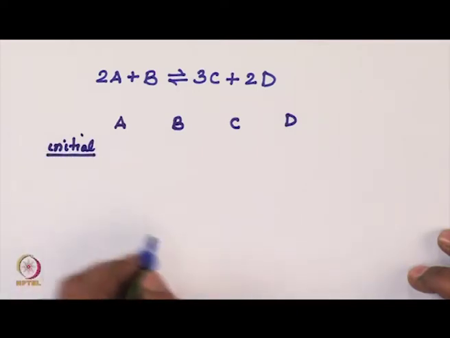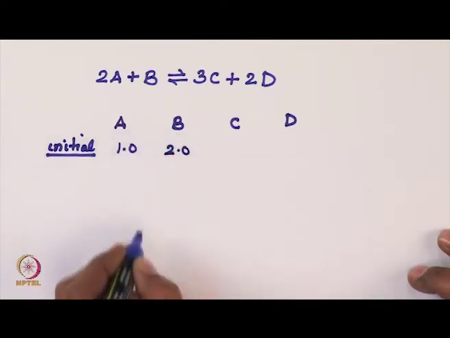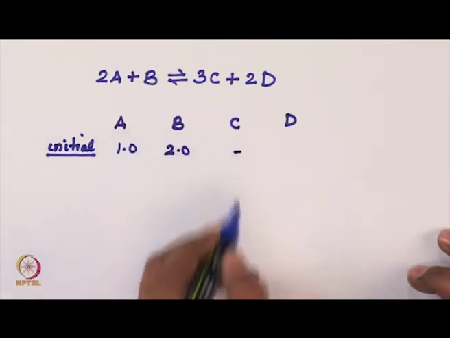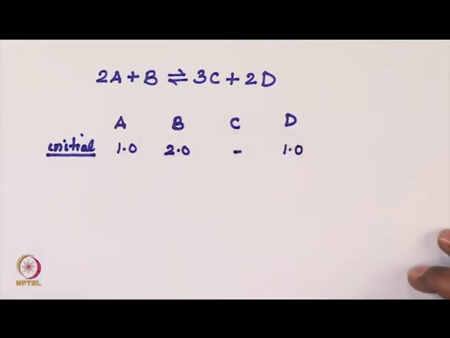What are the initial amounts of A? 1.0, B is 2.0, initially C was nothing and D was 1.0. And then it is given that at equilibrium, 0.9 mole of C were formed.